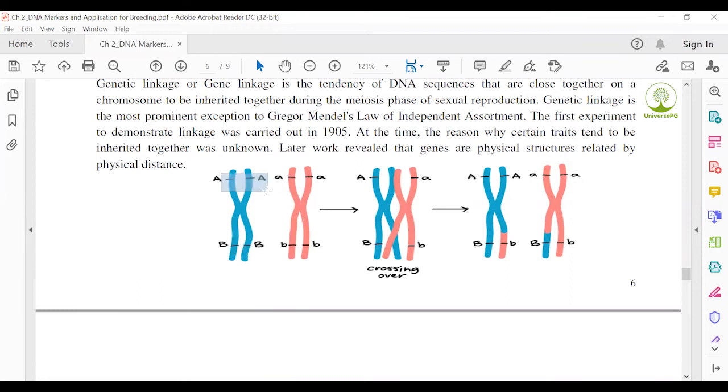Dominant character is capital and recessive character or recessive gamete is small letter.